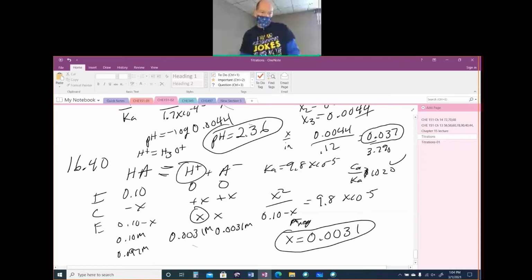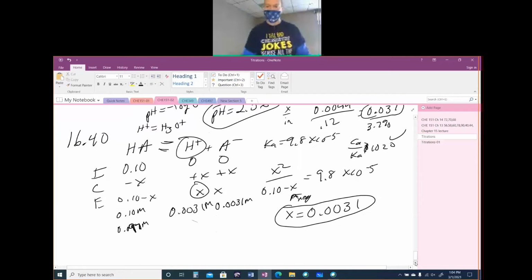All right, so sig figs I'm not going to be counting, but 2 decimal places is what you should be giving for our concentration. So technically by sig fig rules it is 0.10, but if you give it as 0.097, both of those would be counted as full credit answers.